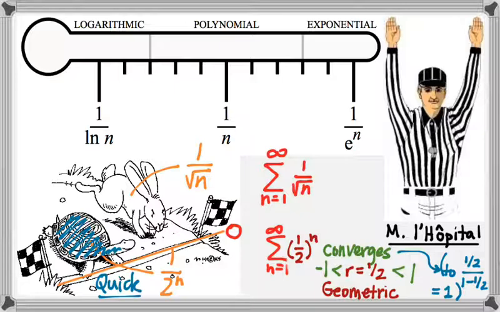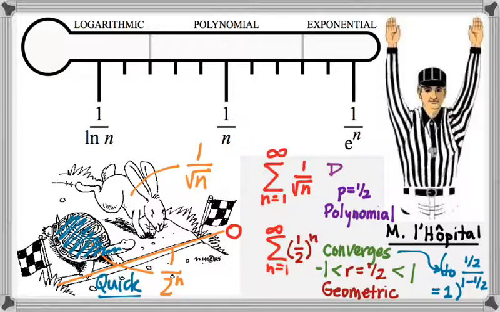On the other hand, we just looked a moment ago at the example summation of 1 over the square root of n. What did we decide about that series? This one is a polynomial series with p equals 1/2. And what is important about that exponent that tells us whether or not it converges or diverges from our classification?